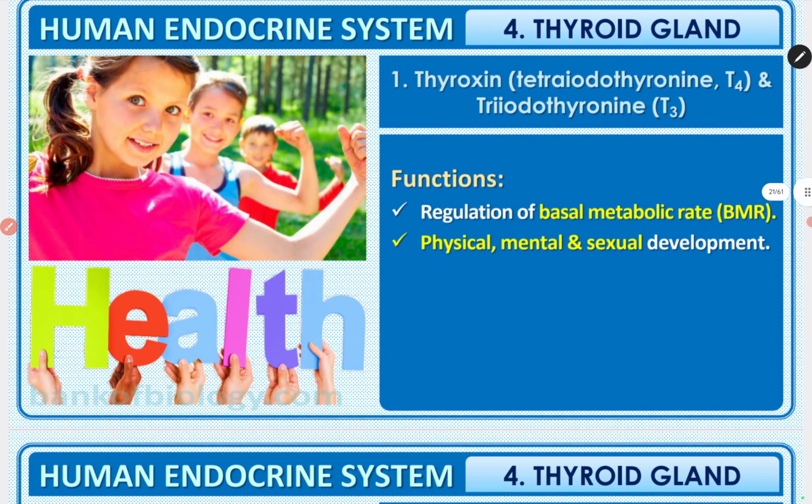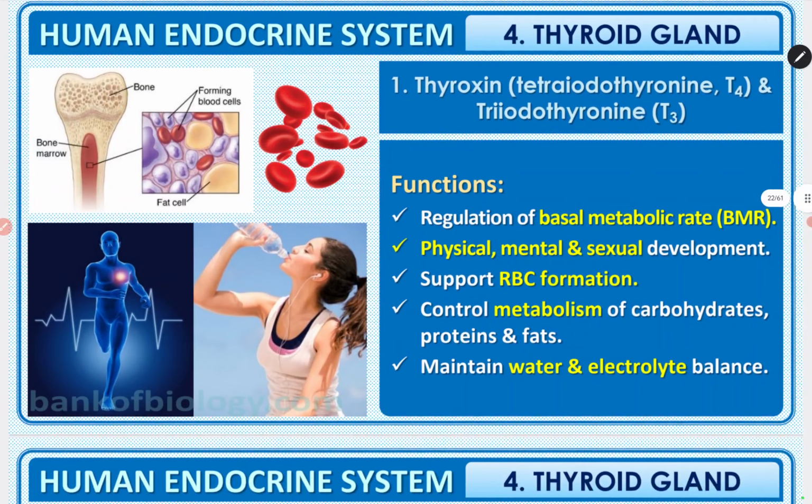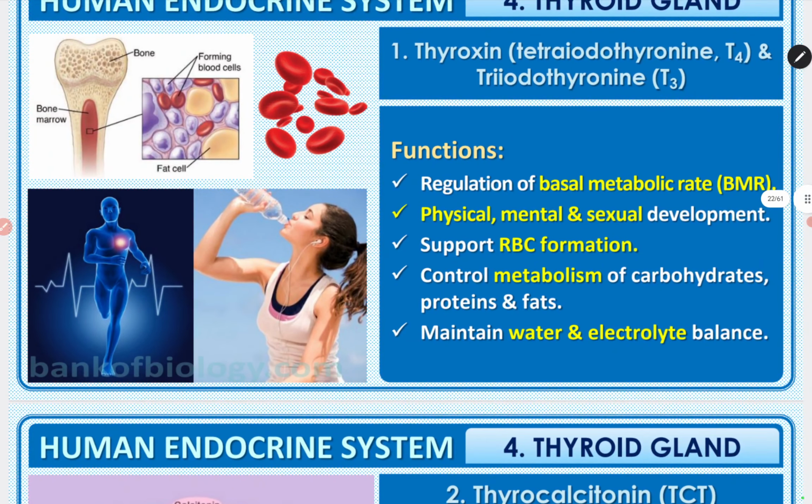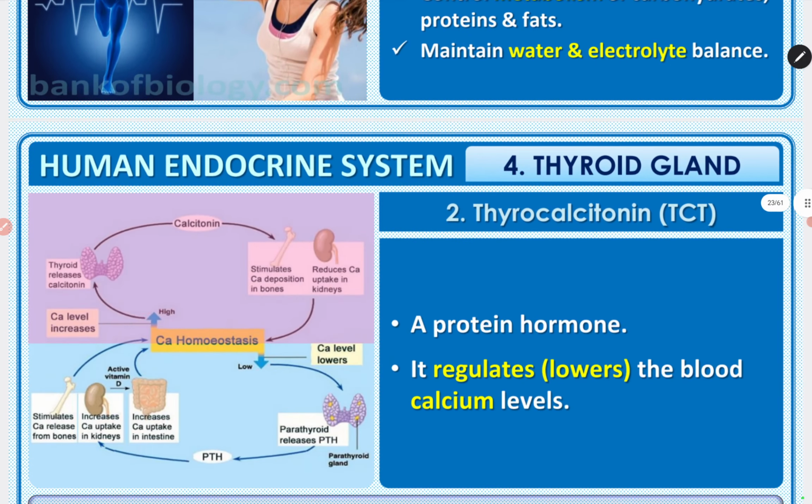Thyroxine or tetraiodothyronine T4 and triiodothyronine T3 regulate the basal metabolic rate BMR and physical, mental and sexual development. Also they support RBC formation, control metabolism of carbohydrates, proteins and fats, and maintain water and electrolyte balance. These are all done by the thyroxine hormone produced by the thyroid gland.